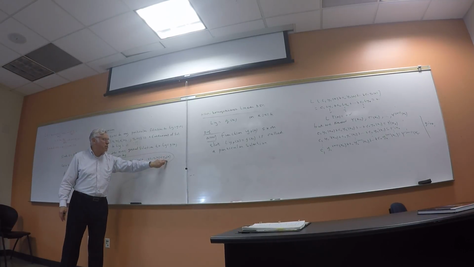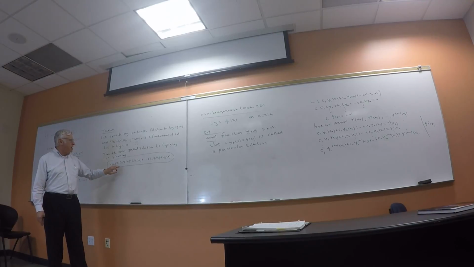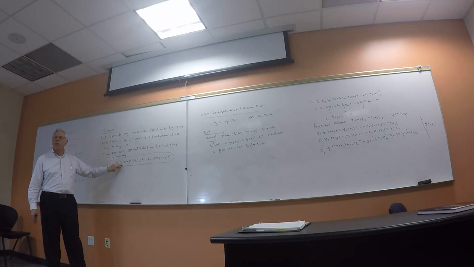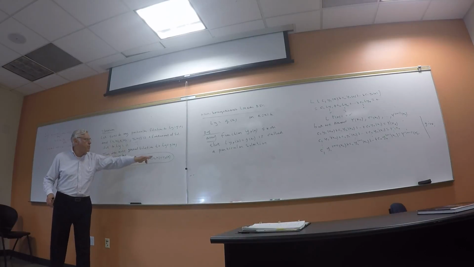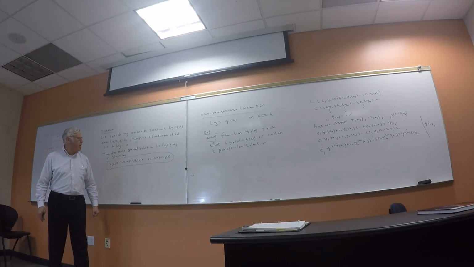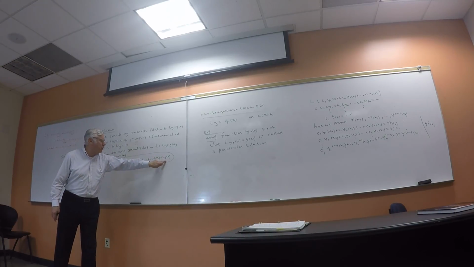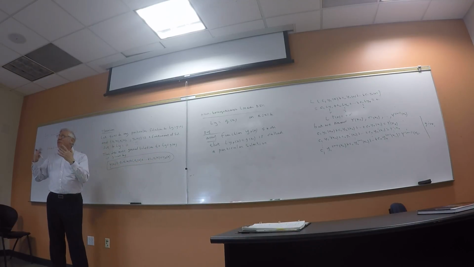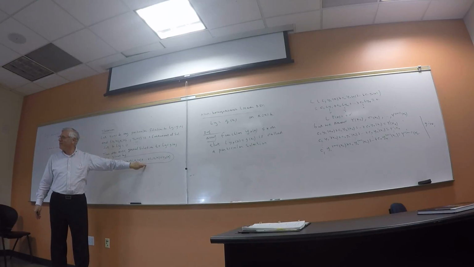So long as you attach to the particular solution the most general solution to the homogeneous, you've got every possible solution in there. Imagine you have an equation and two people solve it, and they come up with a different y particular. One says, I'm going to use my y particular plus this, and you use your y particular. It turns out the difference of those is absorbed over here.